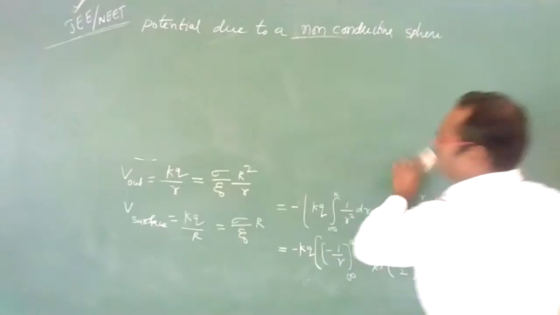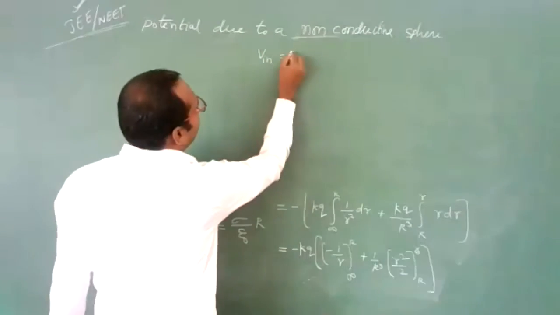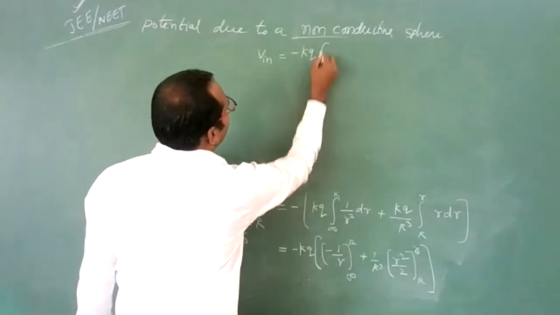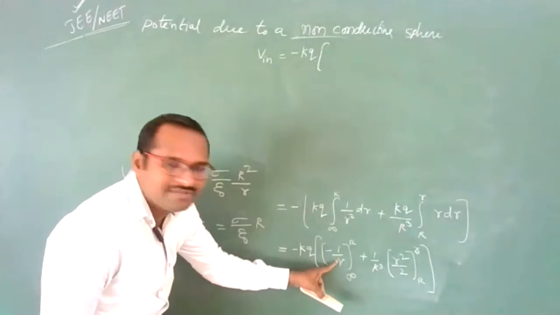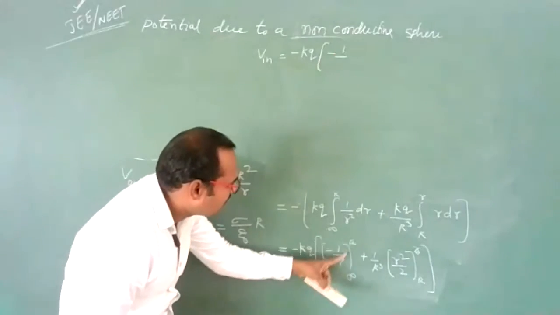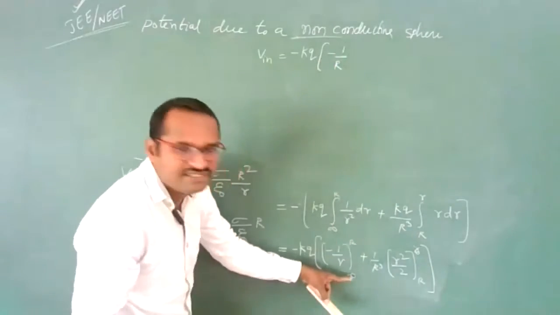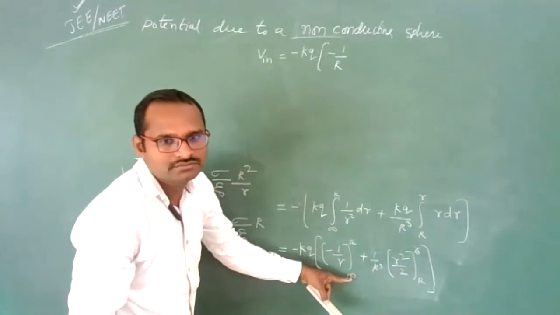Okay, so the potential at an inside point can be given as minus KQ, bracket open, limits apply: minus 1 by, in place of small r substitute capital R, minus 1 by infinity is 0, so no need to substitute. Clear?